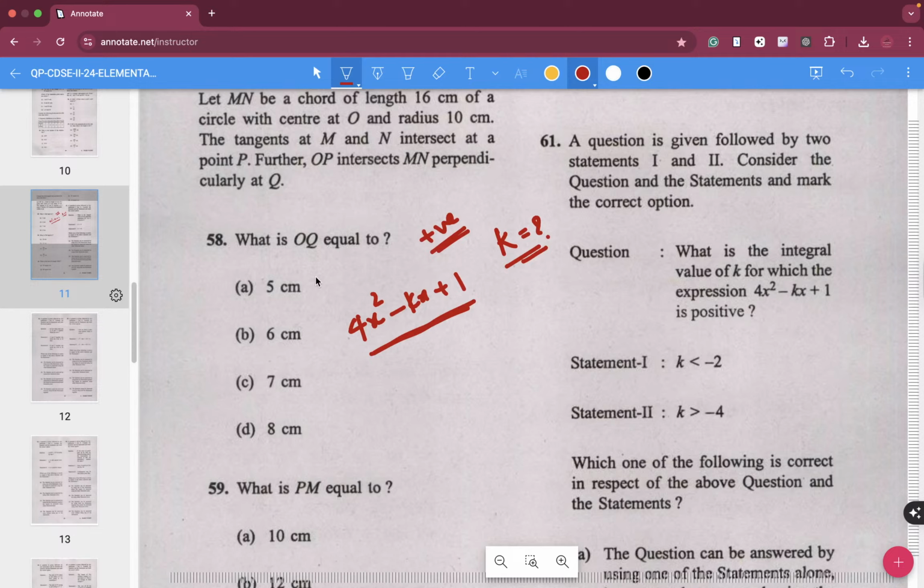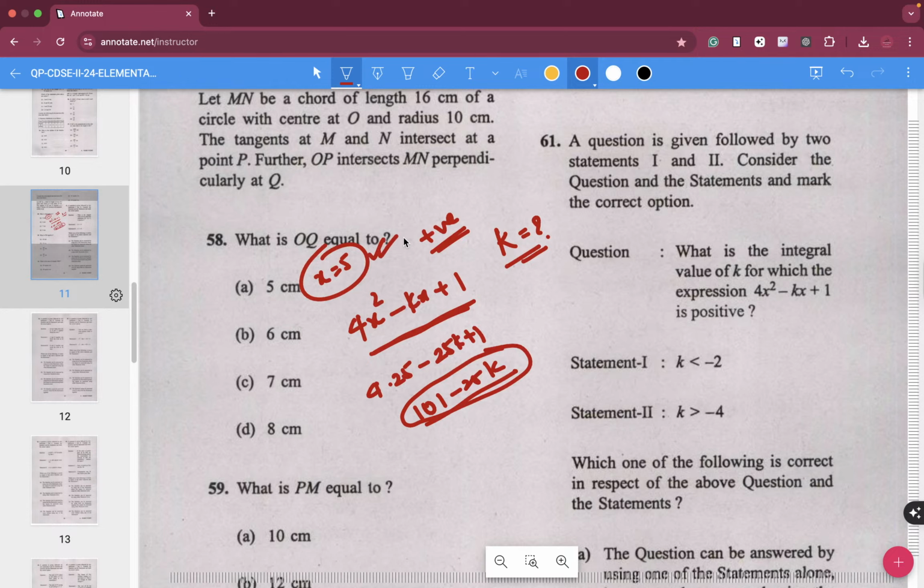If I assume x is equal to 5, then we get 4 into 5 square, which is 100, minus 25k plus 1. This value has to be positive. Basically it is 101 minus 25k. You can take any other value of x as well; it's not compulsory that you take x equal to 5 only. It's your choice.